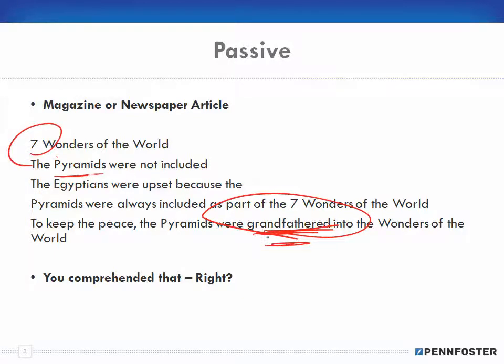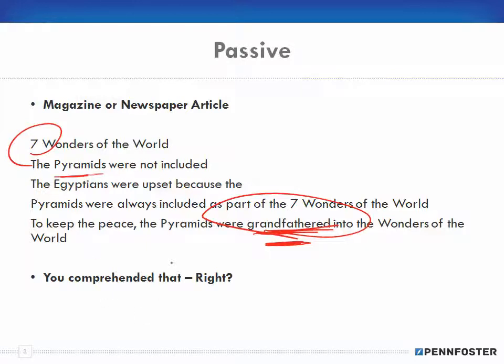But because of the word grandfathering and what it connotes, and you know what that is in the back of your mind, it means that the pyramids were included because of a special subsection included with that group. And that made it one of the 7 wonders of the world. So really there's 8 wonders of the world, and that would have been the correct answer. That's what active reading does for you versus passive reading. That's the difference between comprehension and understanding.